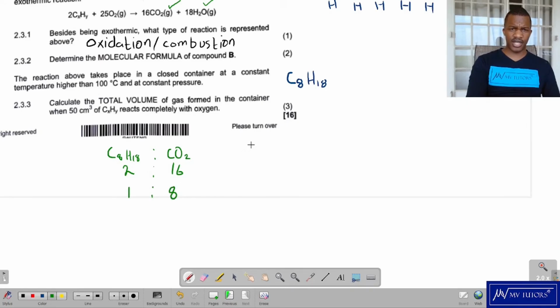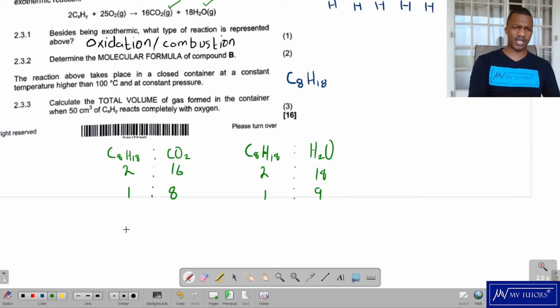Let's do the same with the water, H2O. For every 2 moles of water vapor, we have 18, so that's 1:9 if I divide both by 2. Okay, how does this help me?